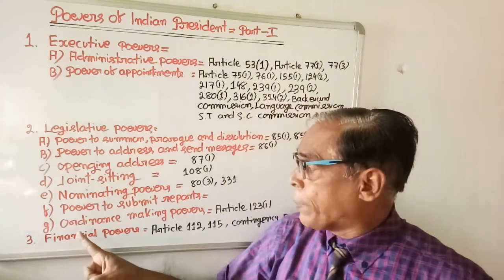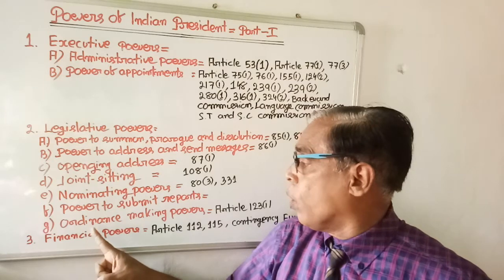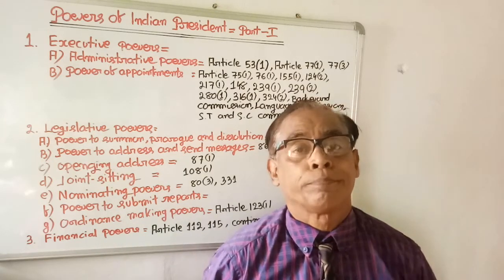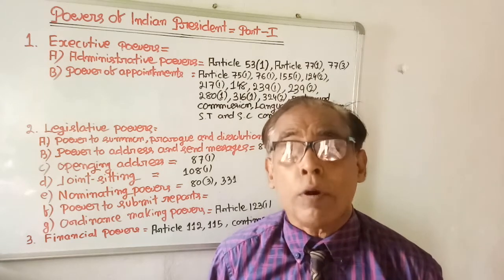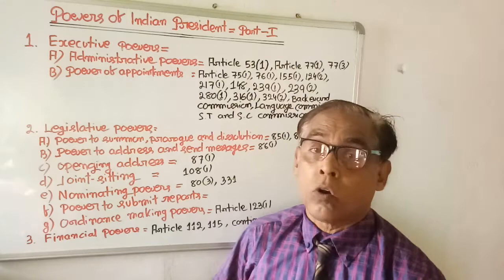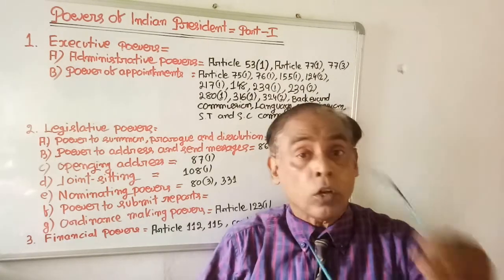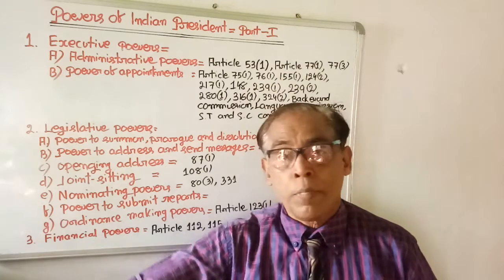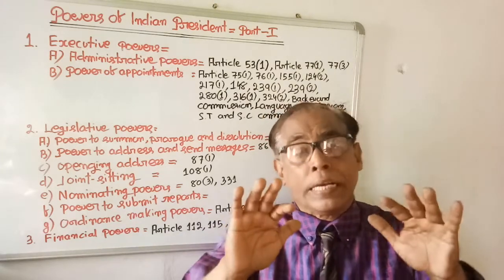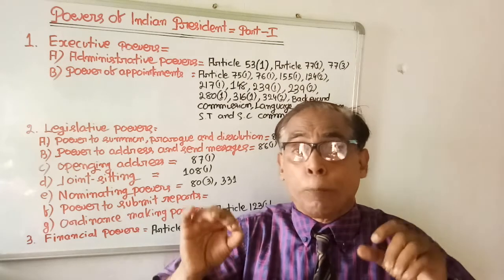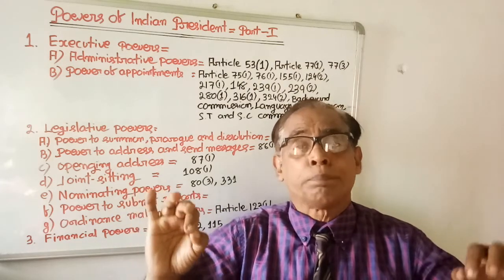Again, the President has the ordinance making power under Article 123 Clause 1. The President has the power to declare an ordinance under Article 123 Clause 1. So what is an ordinance? Whenever the Parliament is in session, if any problem comes, Parliament will make the law.